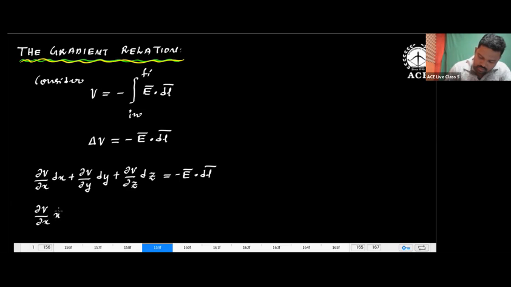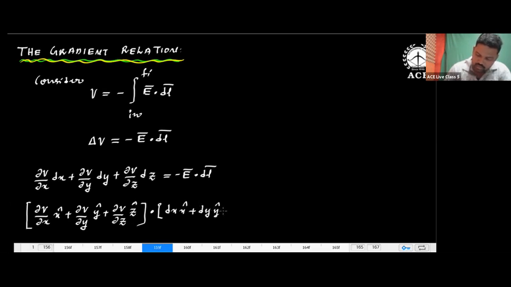Dou v by dou x into x cap plus dou v by dou y into y cap plus dou v by dou z into z cap, dot product with dx x cap plus dy y cap plus dz z cap, which is equal to minus E dot dl.